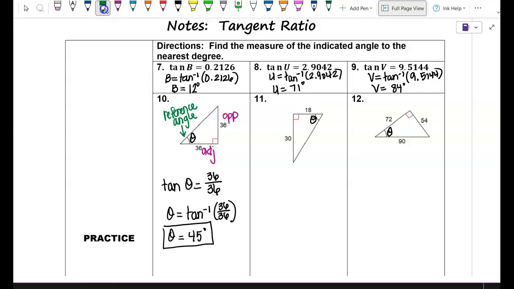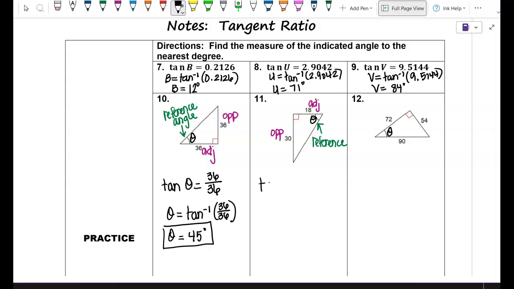Number 11, here's my reference angle. Which means the 30 is the opposite. The 18 is the adjacent.